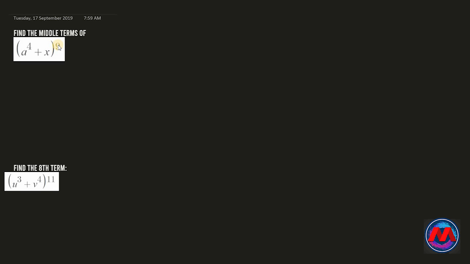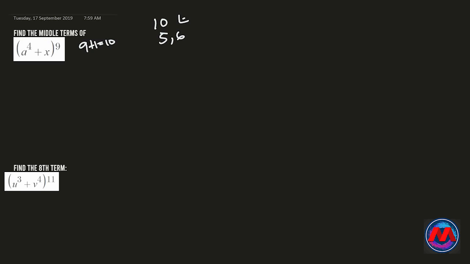So, since ito raised to 9, alam natin na yung total number of terms pag in-expand natin to would be 9 plus 1, which is equal to 10. So, ibig sabihin, 10 terms lahat yan. Ibig sabihin, ang middle terms niyan are 5 and 6.